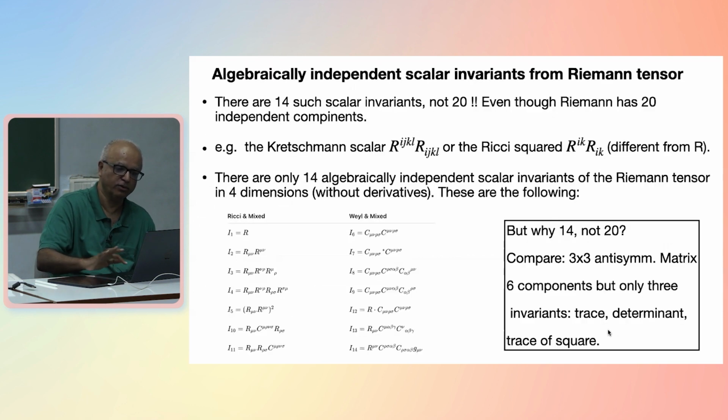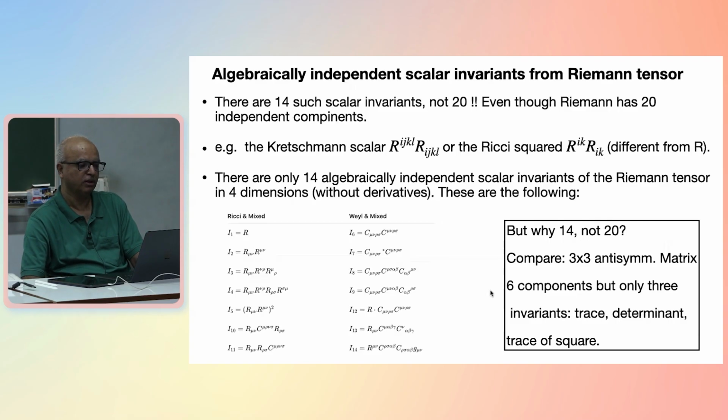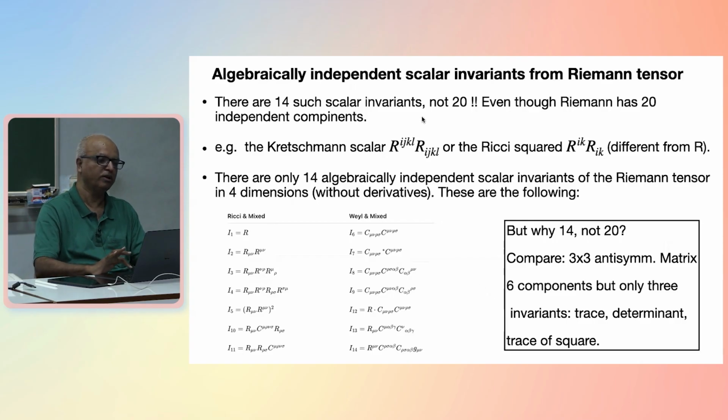All right, so now next topic. I now want to tell you a few things about the Riemann tensor and Einstein equations. The Riemann has 20 independent components, but these are all coordinate dependent, right? R i j k l will be different if you make a coordinate transformation.